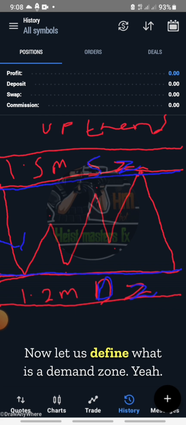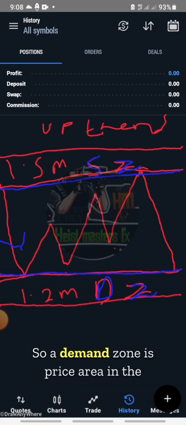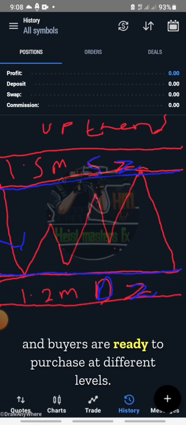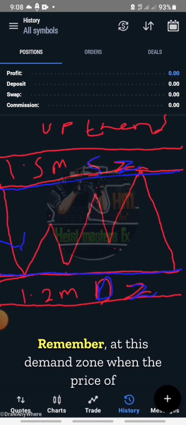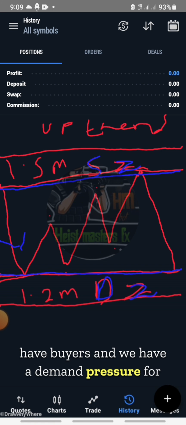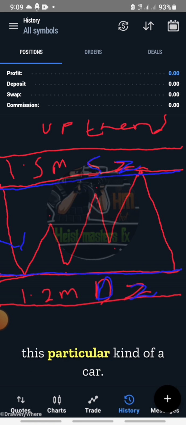Now let us define what is a demand zone. A demand zone is a price area in the stock where there is high demand for the stock and buyers are ready to purchase at different levels. Remember, at this demand zone, when the price of this particular car is selling at 1.2 million, we have buyers and we have a demand pressure for this particular kind of car.